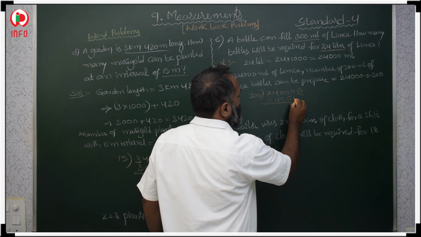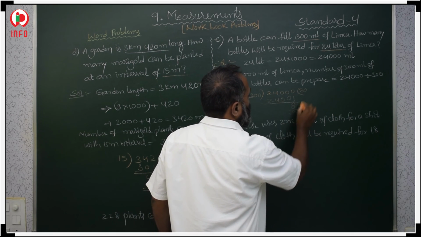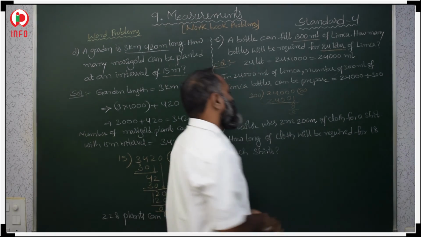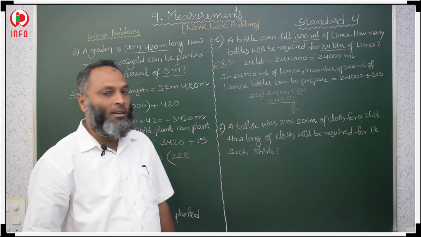Then here 1 zero is there. 300 zeros are 0. Then 80 bottles. How many bottles? 80 bottles we can prepare.